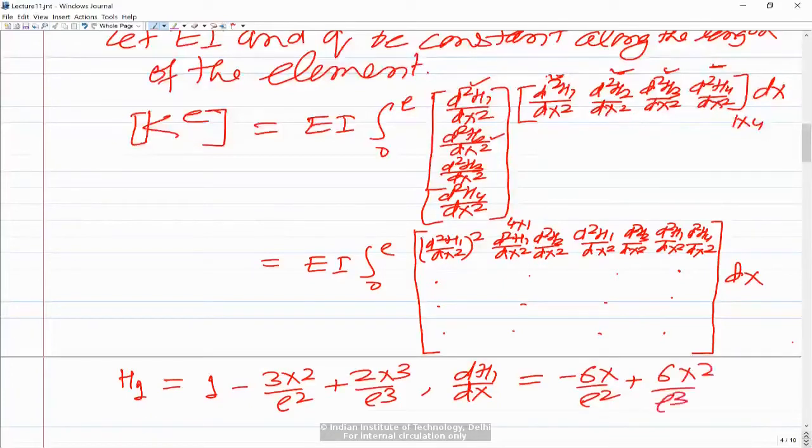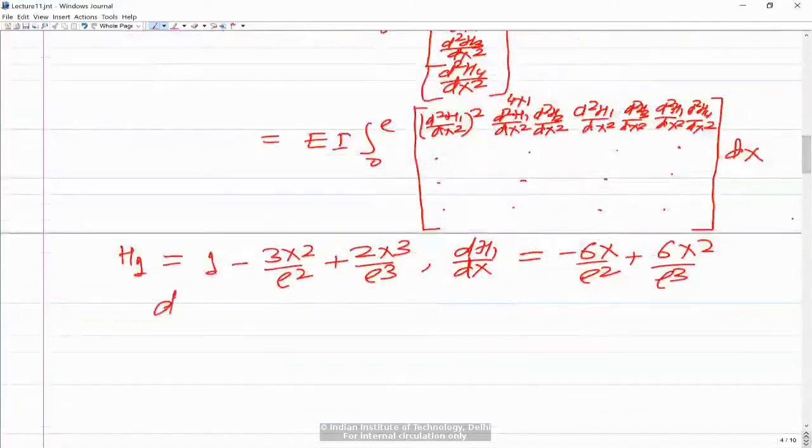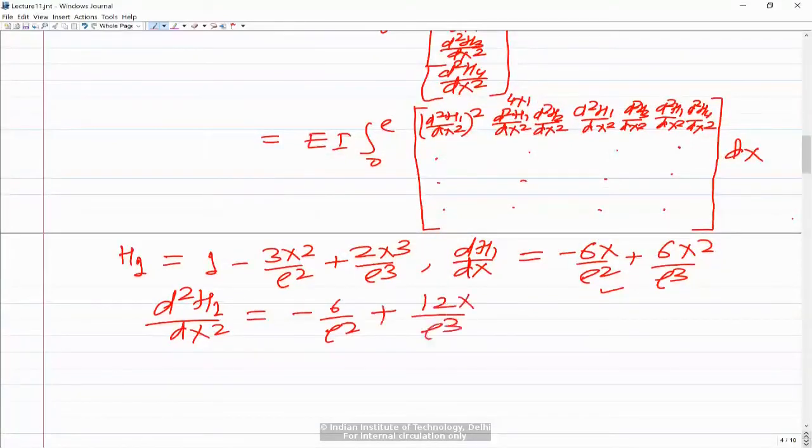So this is the first derivative of H1, and then if you differentiate it again, d2H1 by dx square, minus 6 by L square plus 12x by L cube. So this is the second derivative.